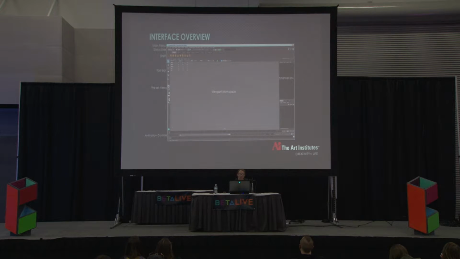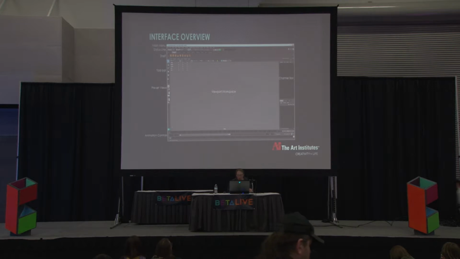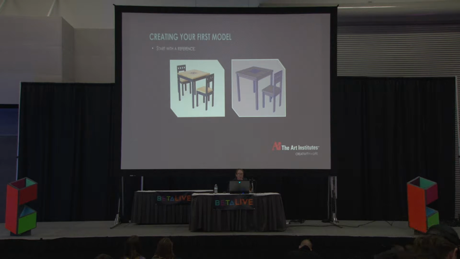All right, so let's talk a little about Maya. So out of curiosity, how many of you have experience working in a 3D application? Okay, some of you, a good chunk of you. All right, great. So Maya specifically, good chunk of you, and I know you guys have. All right, okay, good. So we start off really simply. In our 131 class, what I tell my students to do is start with a reference object of some kind, right?